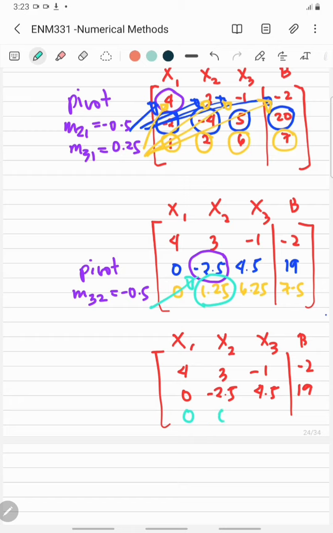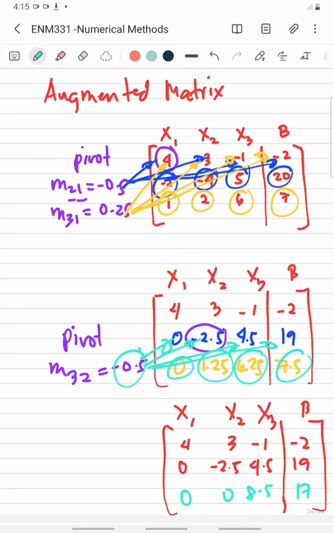So this is equal to 0. Then we have 6.25 minus negative 0.5 times 4.5. So that is 8.5. Then we have 7.5 minus negative 0.5 times 19. So this is equal to 17.